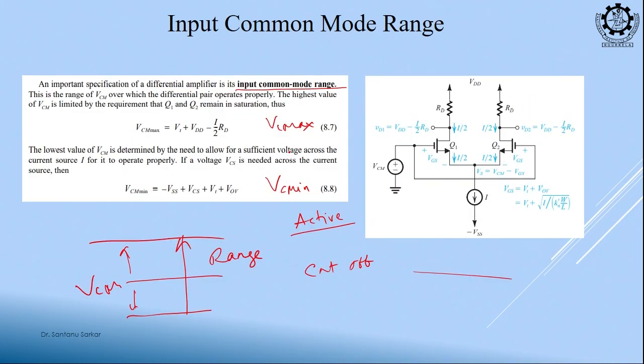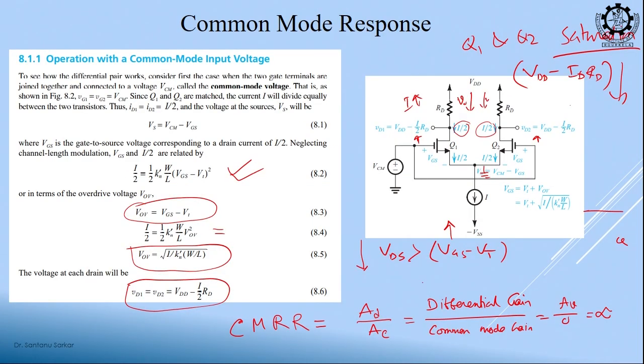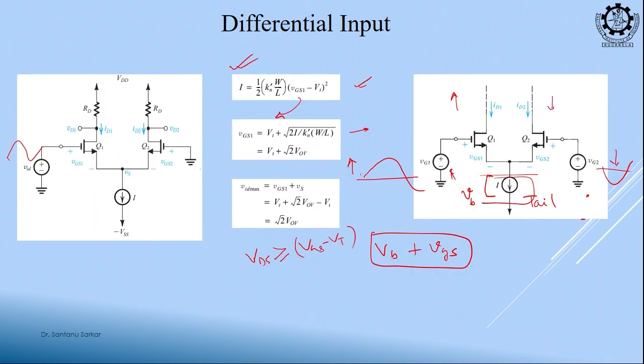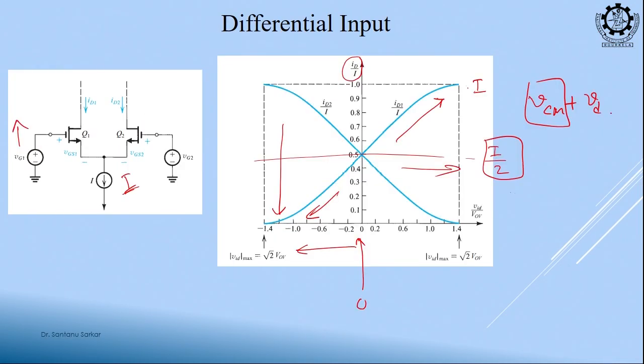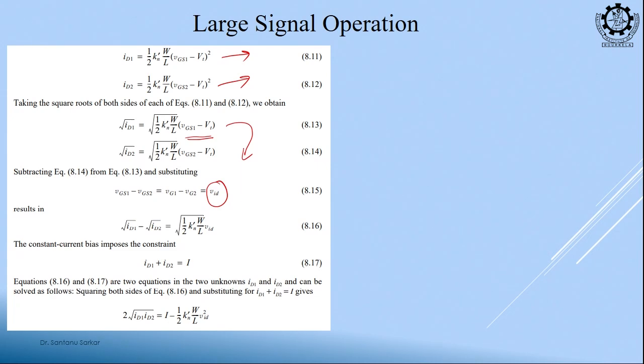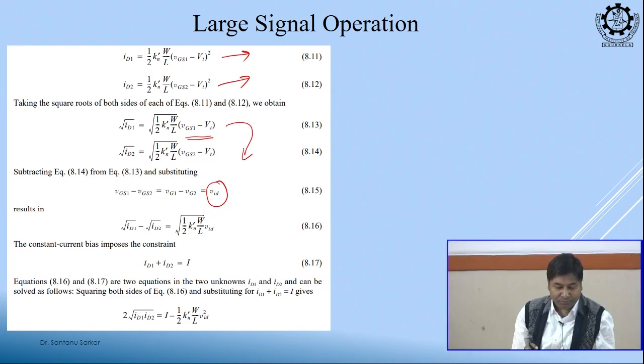ID and VOV: VOV is equal to the square root of this, so if you take that form, the square root comes in, and it will be easier for calculation. So, the square root of ID1 minus the square root of ID2, that form we have taken. Now, we have one piece of information given, that ID1 plus ID2 is equal to I. This information we will try to utilize.